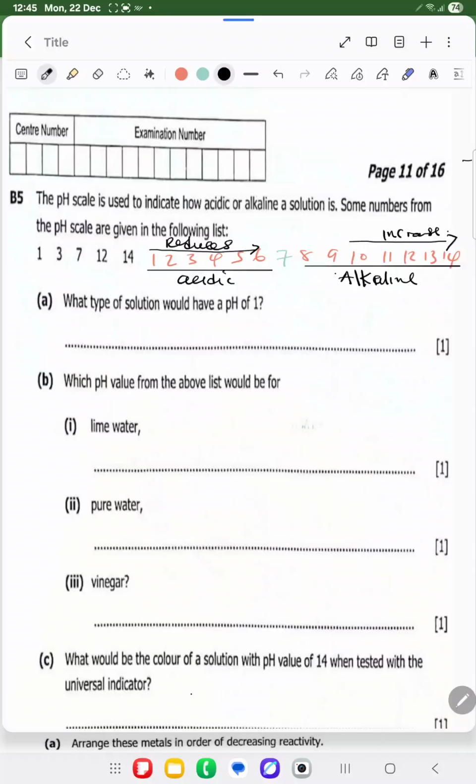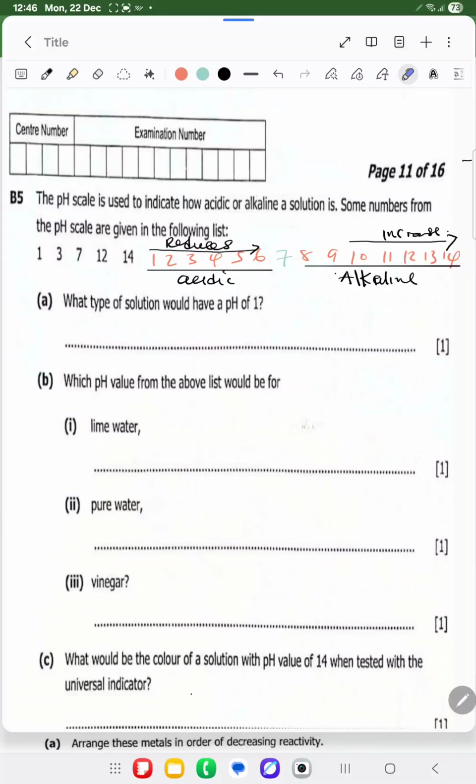Now, going back to our questions: what type of solution would have a pH of 1? A type of solution that will have a pH of 1 is a strong acid. You can even give examples.